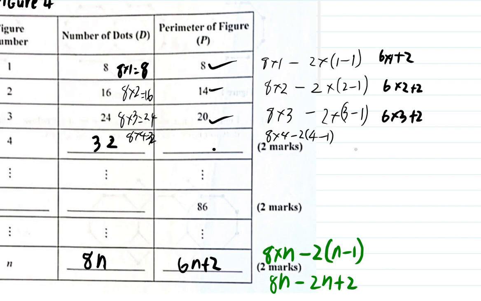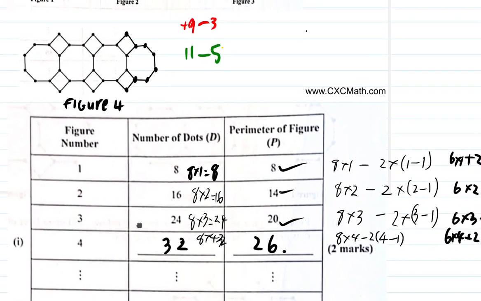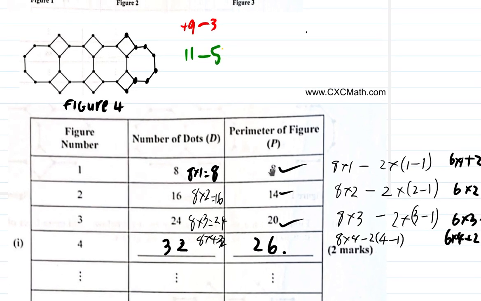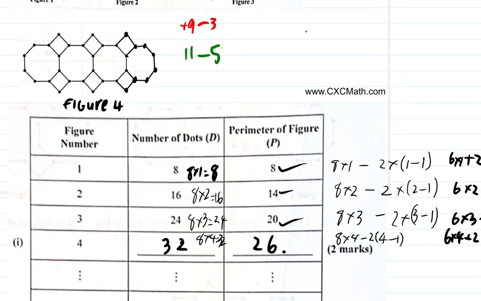Figure 4 would be 6 times 4 plus 2, 24 plus 2, 26. So each time we add 6, we started with 8. This is 6 if you consider perimeter only, and this is the same 6 if you consider all lines. Whichever way you want to consider it.